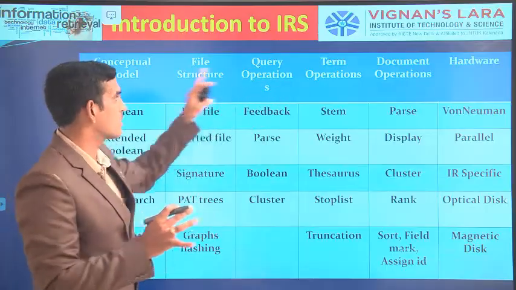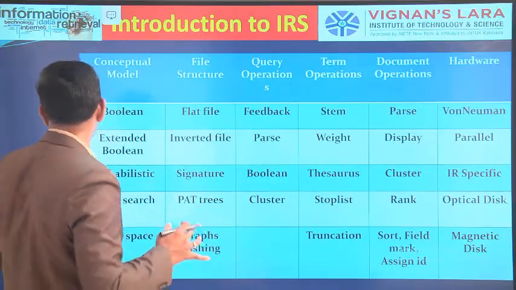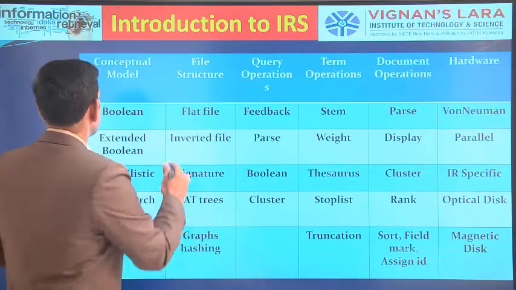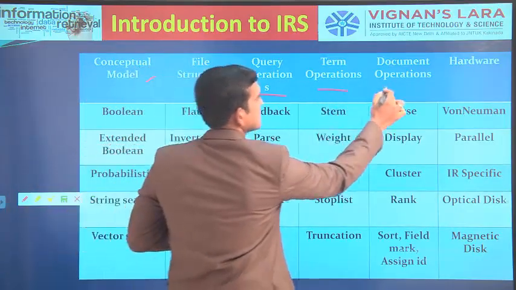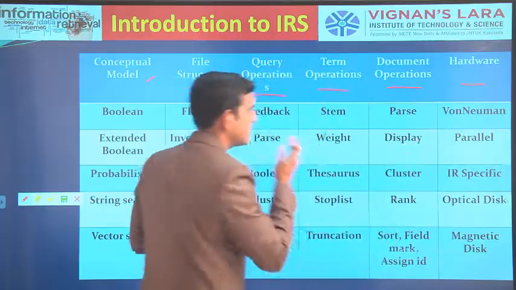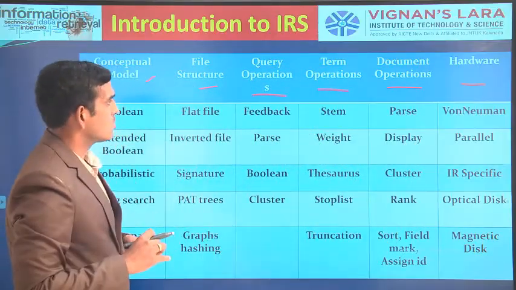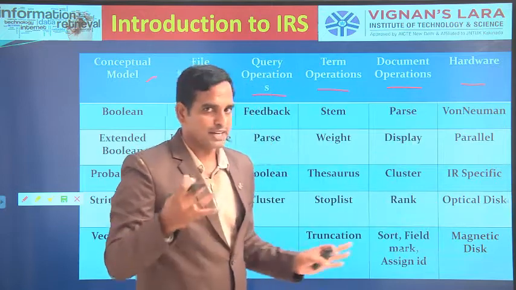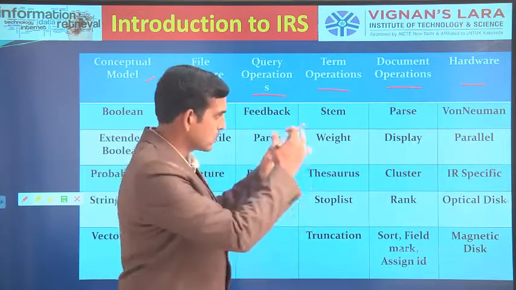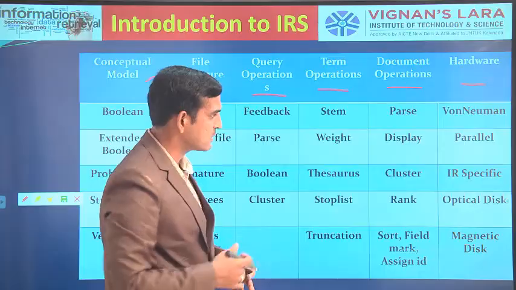All these things are your facets: the conceptual model, the file structure, the query operations, the term operations, document operations, and the hardware. These are the various types of hardware you can be having as a part of information retrieval systems. We'll be looking at everything one by one in the further slides.